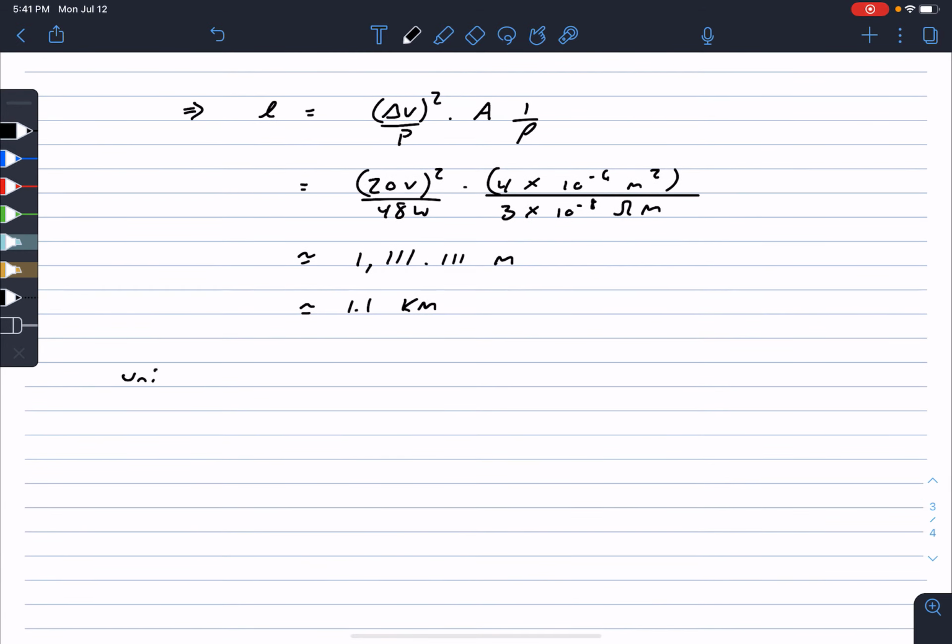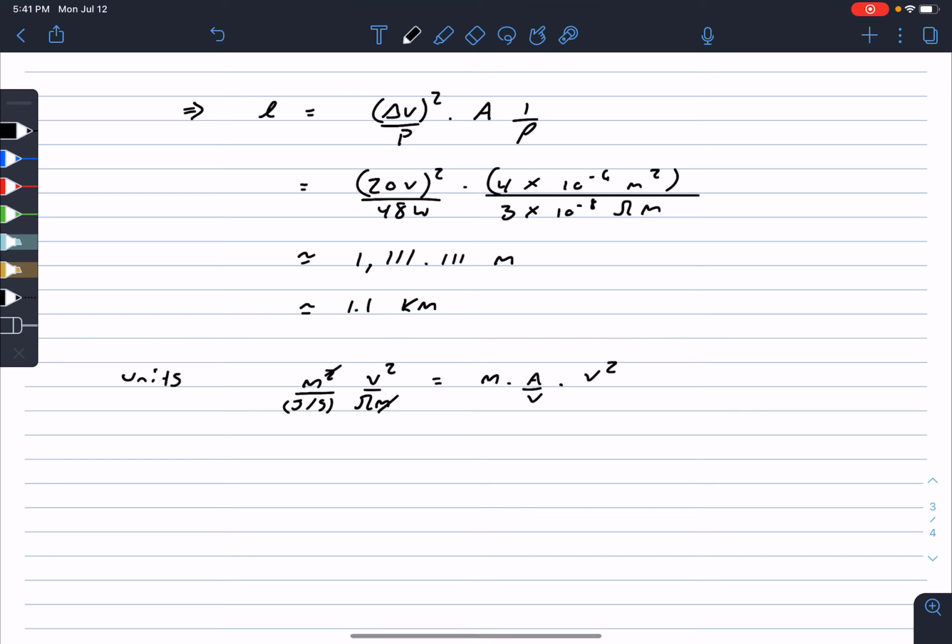Just double checking the units real quick. We've got area, meters squared, times volts squared, which is our delta V, over watts, which is also a joule per second. We also have over ohm meters. So we can translate this to amps over volts.